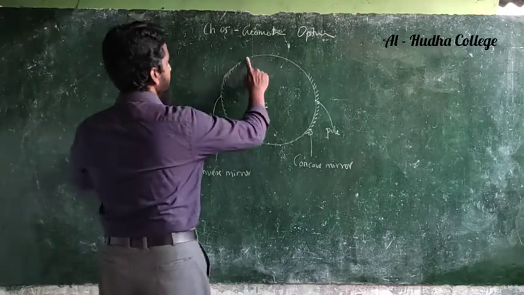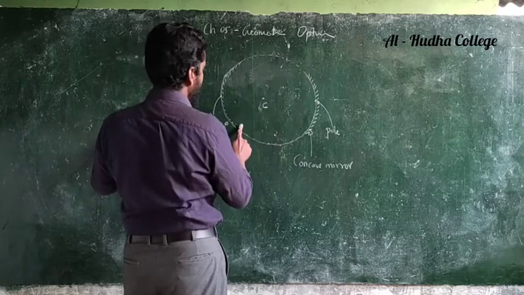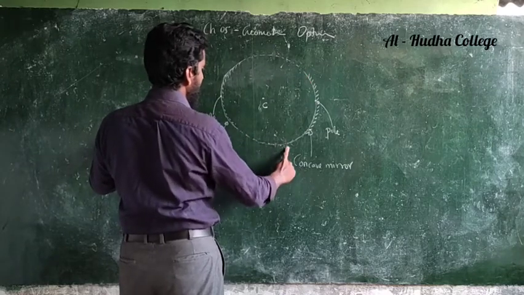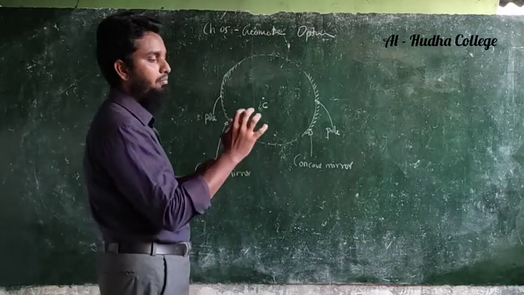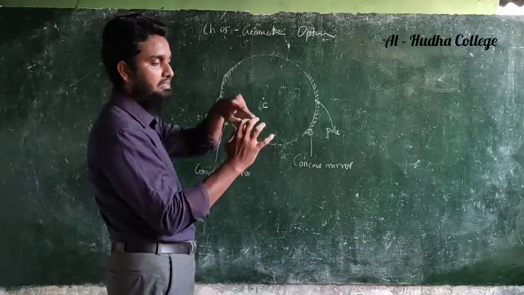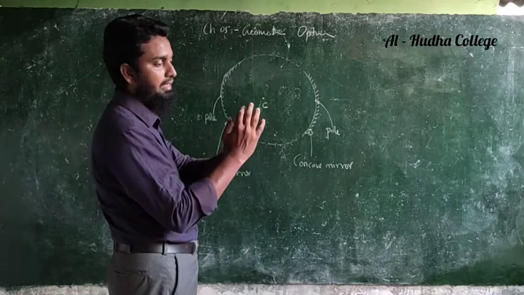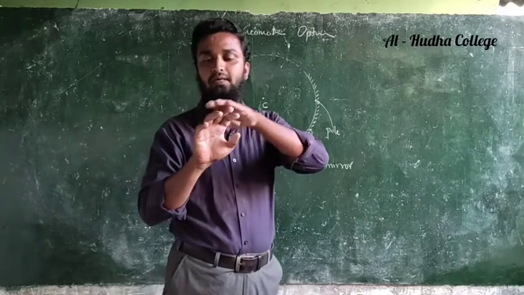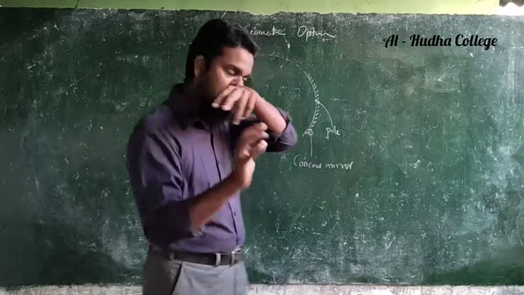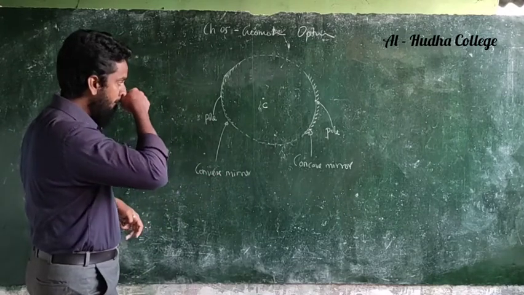Now if you consider only this portion, forgetting the sphere, you are going to get a mirror shaped like this. One has mercury applied inside, the other has mercury applied outside. One is known as convex, the second one is known as concave.